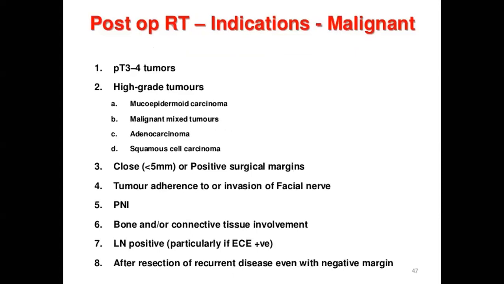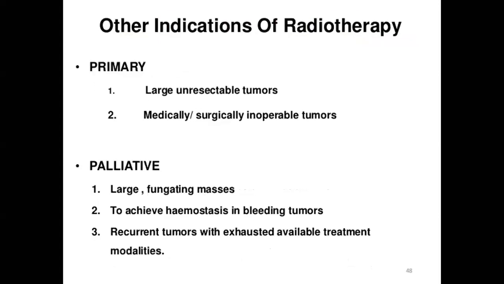Close margins of less than 5 millimeters, positive surgical margins, tumor adherent to or invading the facial nerve, tumor involving bone, connective tissue involvement, and positive lymph nodes. Also after resection of recurrent disease, even with a negative margin.